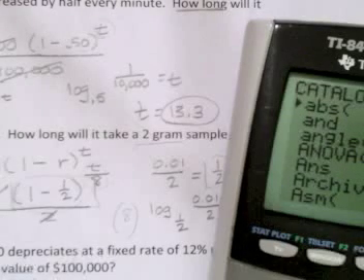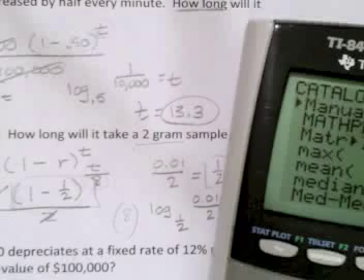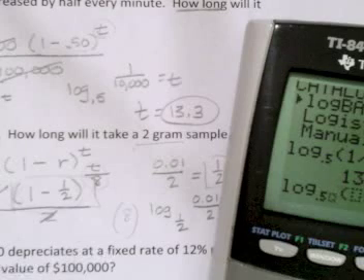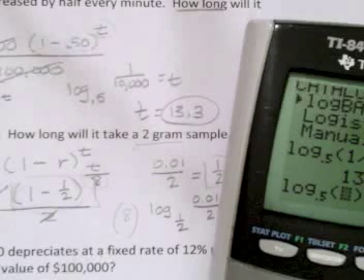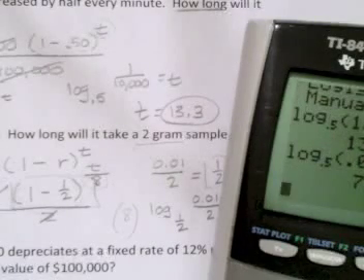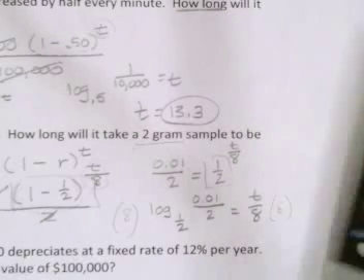Got to get that log base again. And if I get log base out, I'm going to put in 1/2 for the base. And in parentheses, I would put 0.01 divided by 2. And then I would need to multiply that times 8.